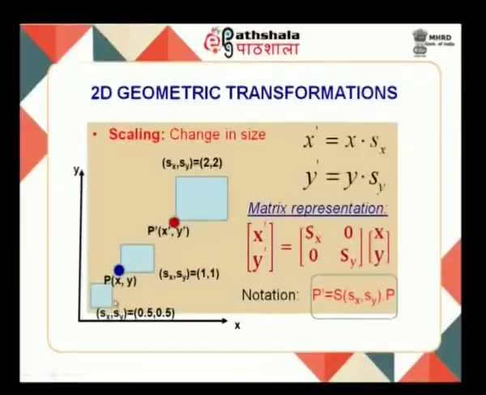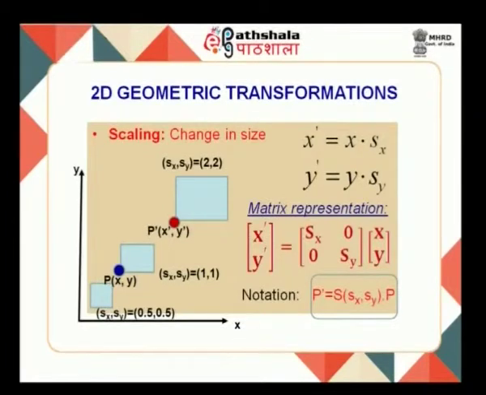But when you scale it down, the size of the object is reduced, and it has moved to a new position which is towards the origin. The scaled up object has moved away from the origin, and the scaled down object has moved closer towards the origin.